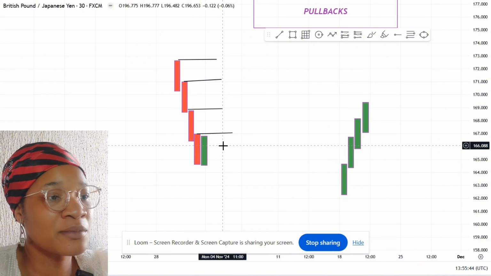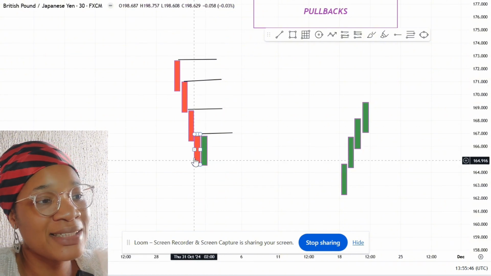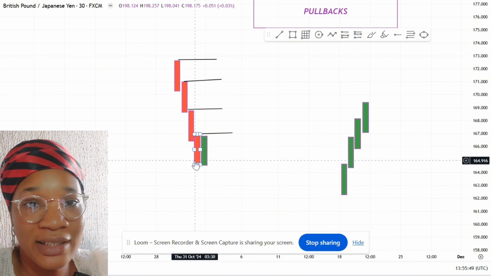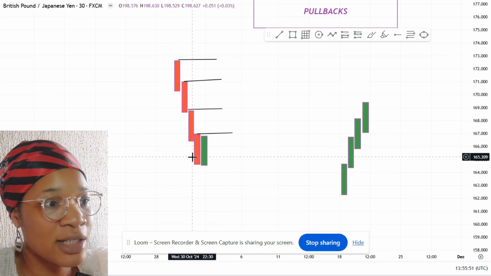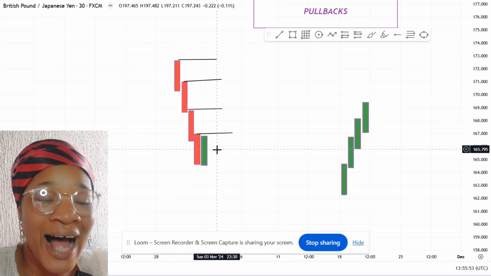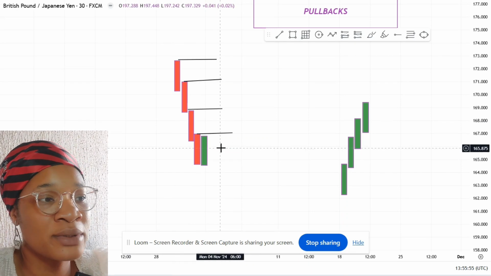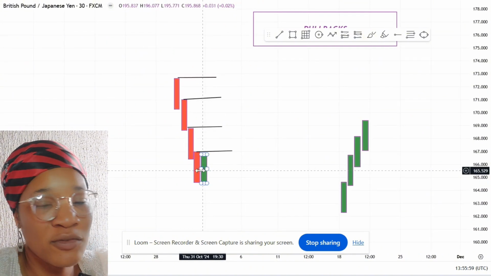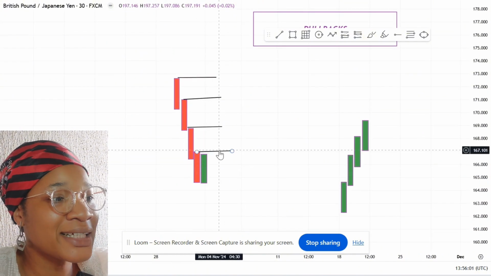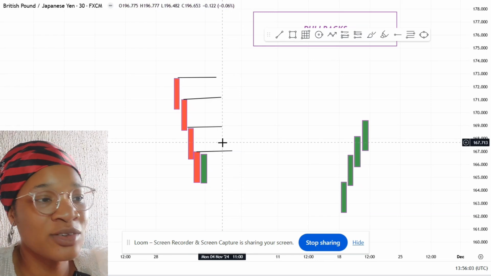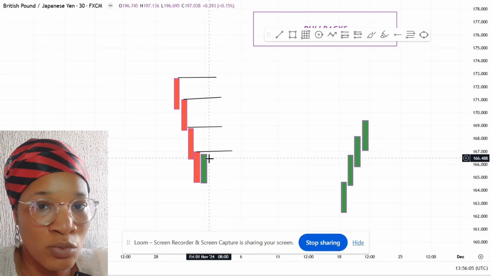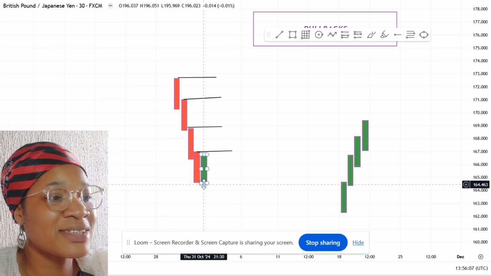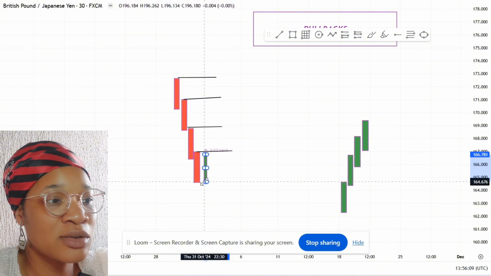The reason is that the high of the last sell candle, whatever the color of your sell candle is, has not been taken out by this green candle, by this buy movement. So until this high is taken out, we cannot say that there has been a valid pullback.